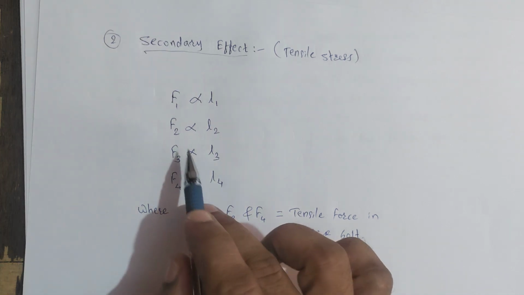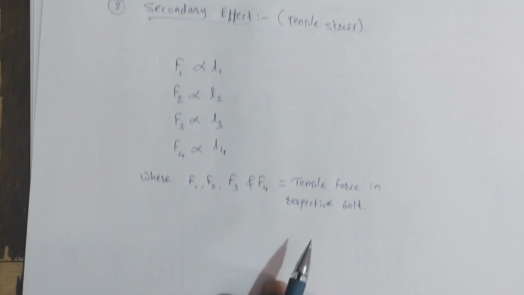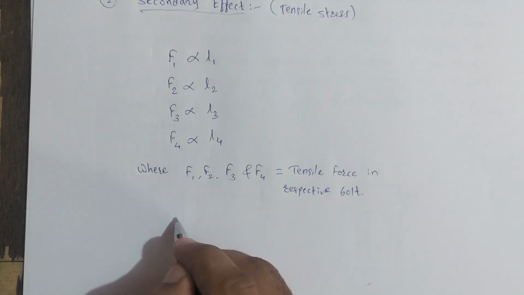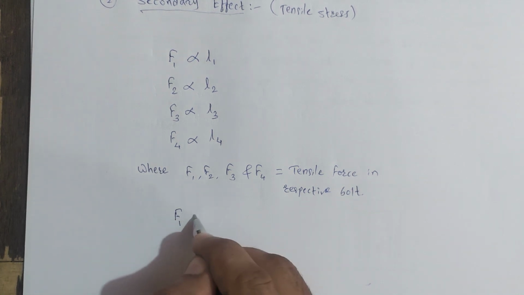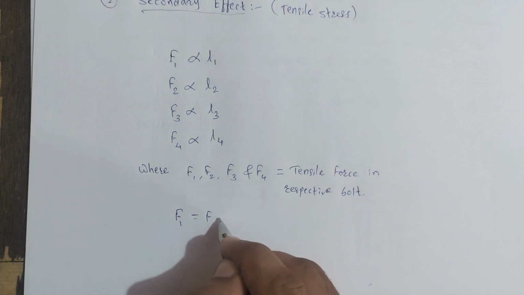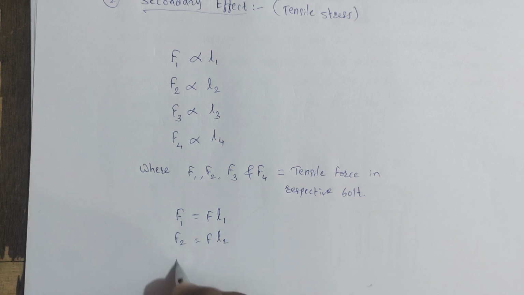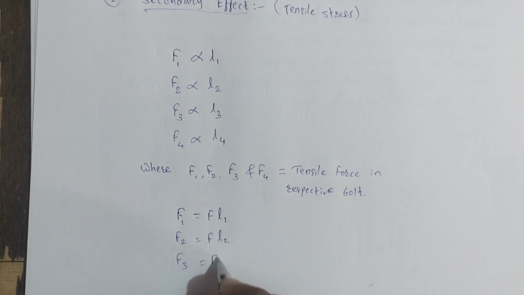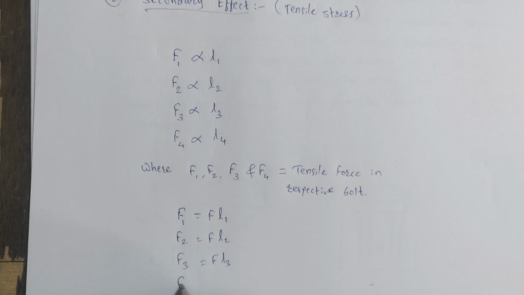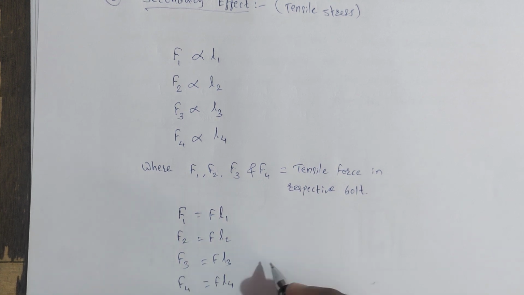Now if we introduce a proportionality constant, then this equation will become F1 is equal to F into L1, F2 is F into L2, F into L3 and F into L4.